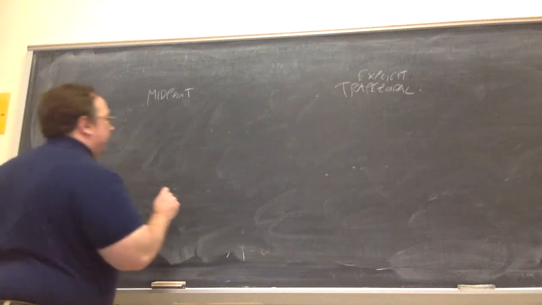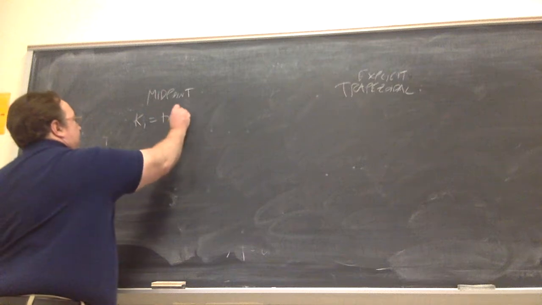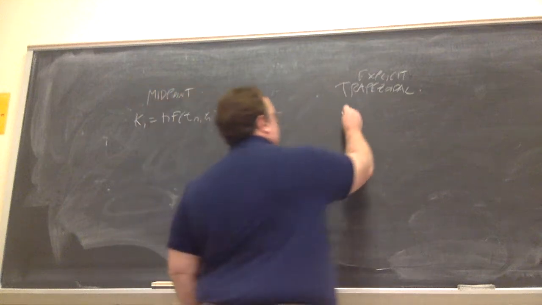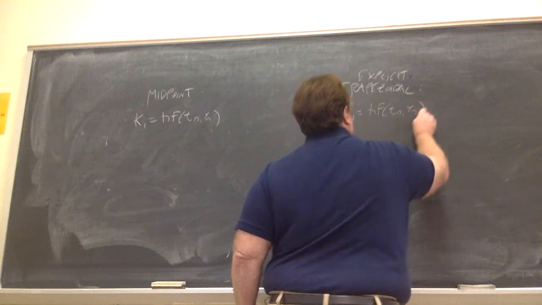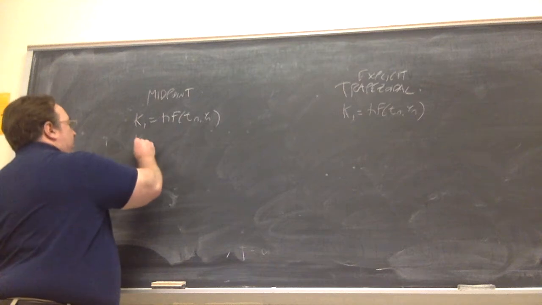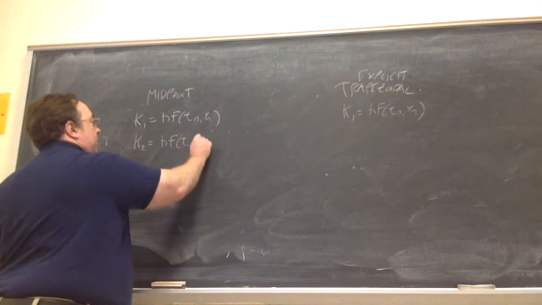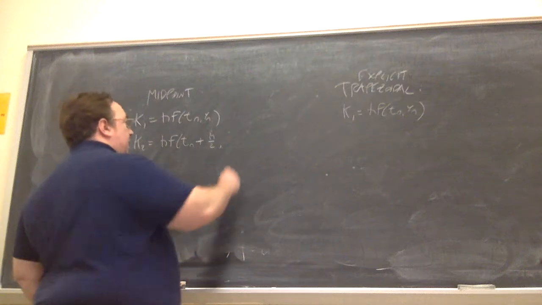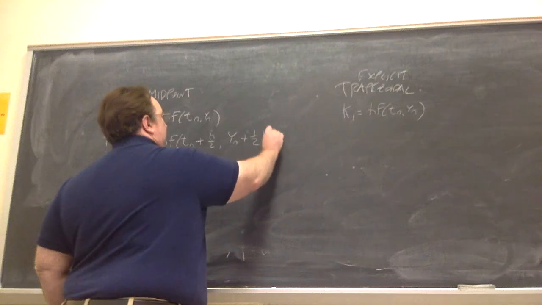Now, the way we write the midpoint method in terms of stages: the first stage we'll call K1, which is h F of (t_n, y_n), and then the same thing over here. So that's almost always the first stage. Then the second stage for the midpoint method is h F of (t_n + h/2, y_n + 1/2 K1).